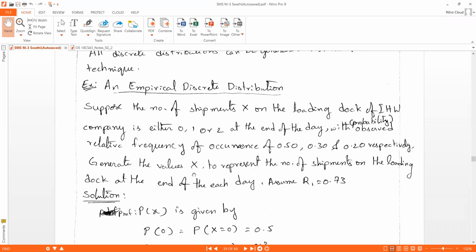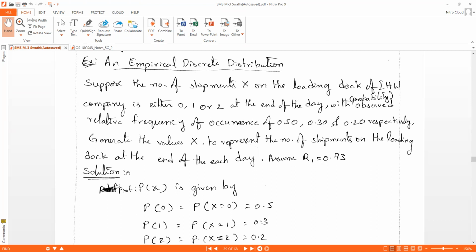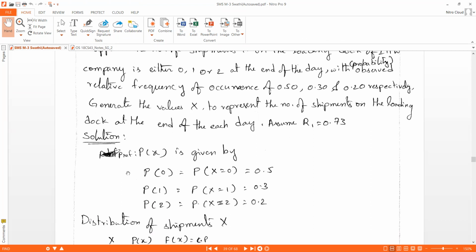Generate the values of X to represent the number of shipments on the loading dock at the end of each day, and assume R1 is equal to 0.73, as given in the problem itself. So we are doing it now with the empirical distribution.